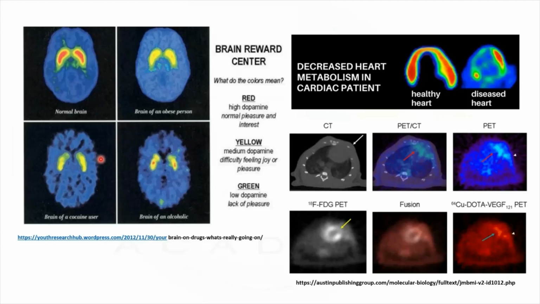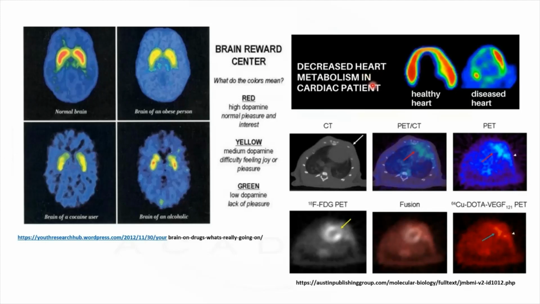Like that's the brain scan of an alcoholic person, and that's the brain scan of a cocaine user. So there are significant changes in brain receptor expression under different conditions. By means of these nuclear medicine scans, we can tell more about what's going on in the brain at the molecular level, and accordingly we can treat it.